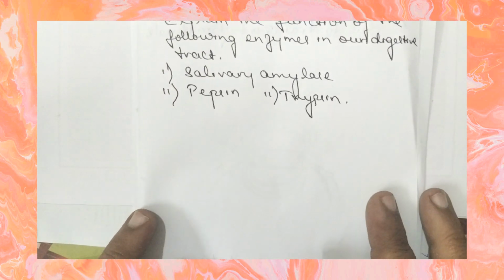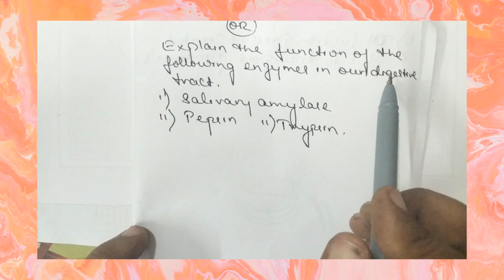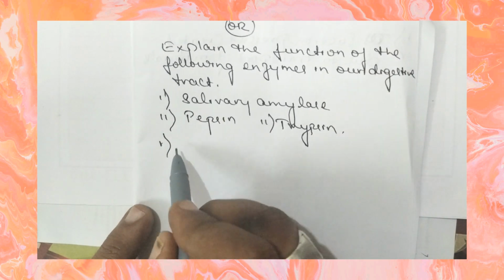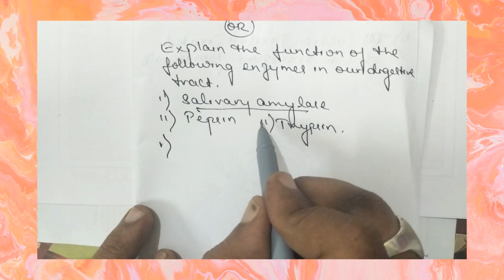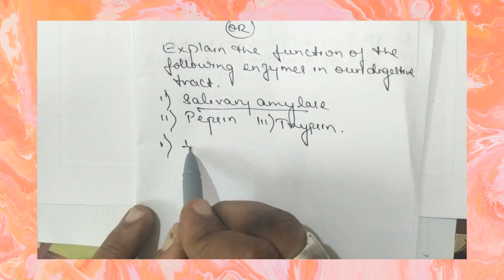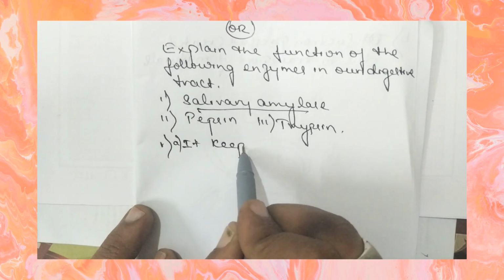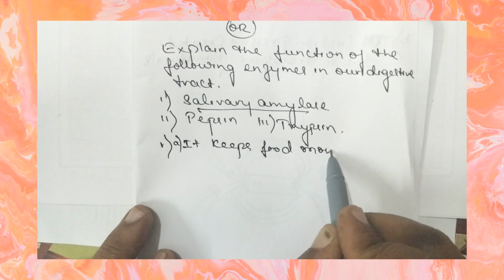Explain the function of following enzymes in our digestive tract. The first one is salivary amylase. Salivary amylase keeps food moist.